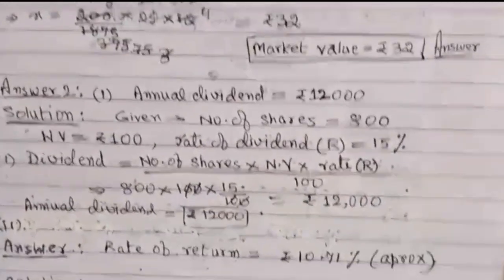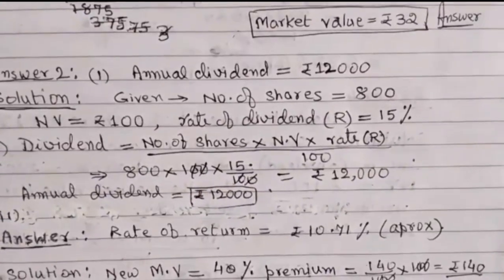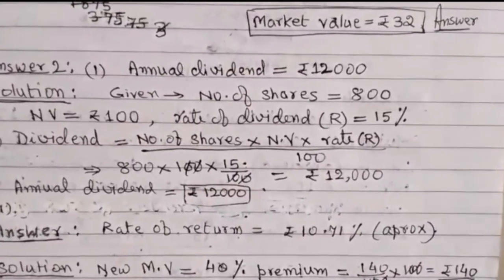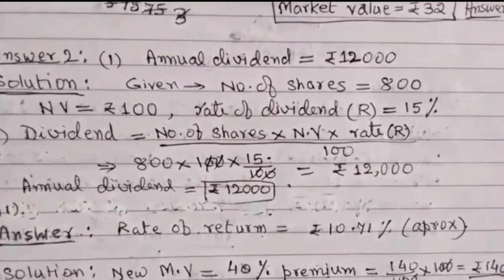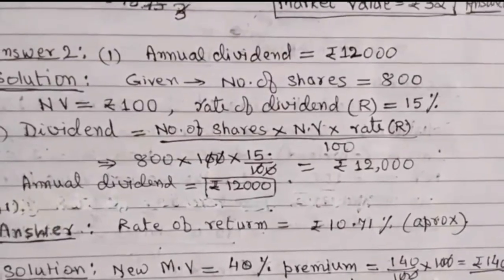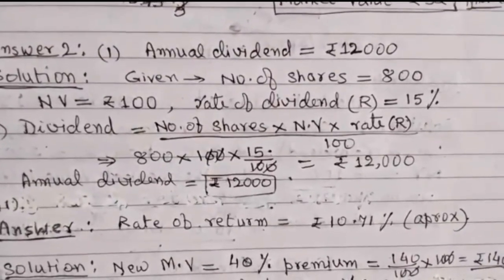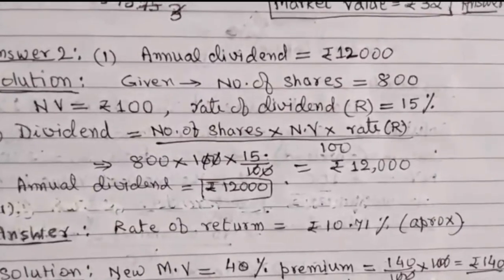Now, solution to question number 2. It's given number of shares 800, nominal value 100, rate of dividend is 15%. We have to find out number 1, the annual dividend, and number 2, rate of return.